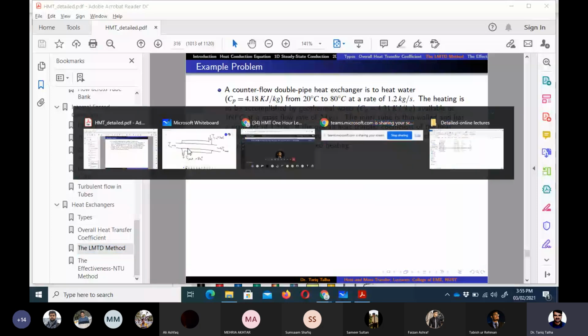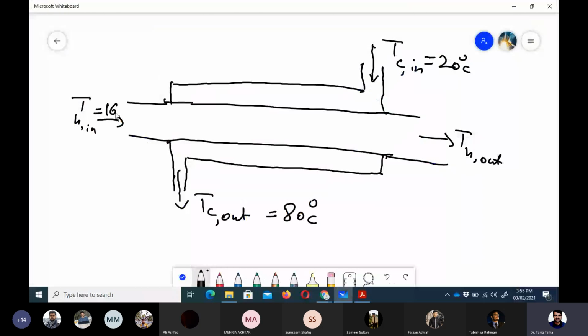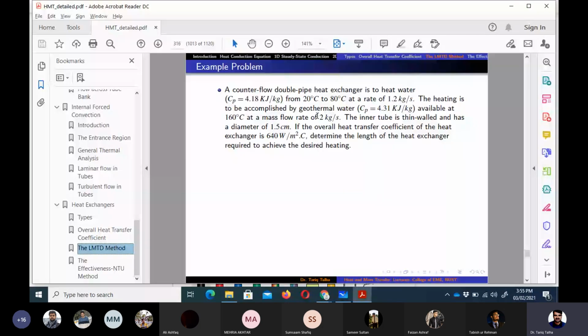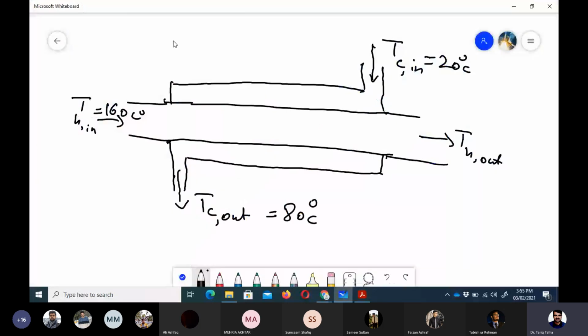So TH in is equal to 160 degrees centigrade, and the mass flow rate m dot c for the water is 1.2 kg per second, and m dot h, which is geothermal water, is 2 kg per second.